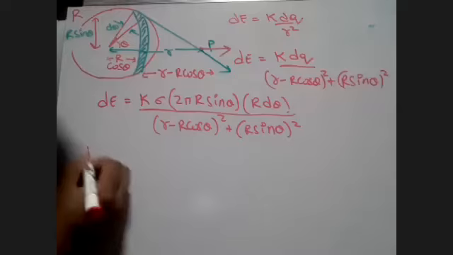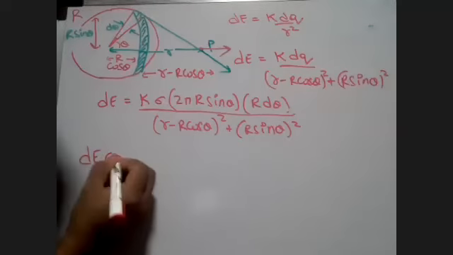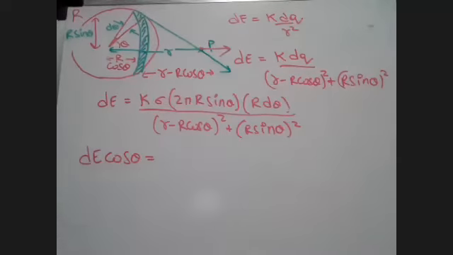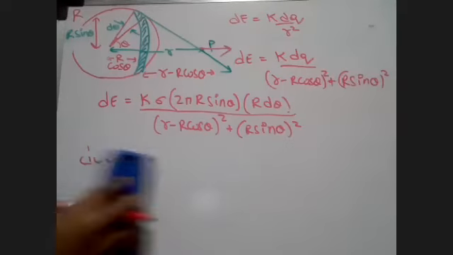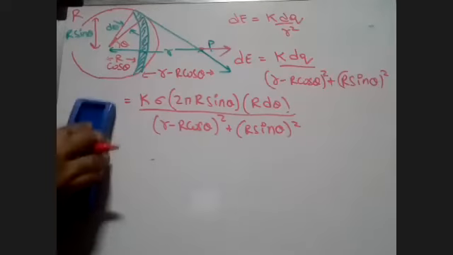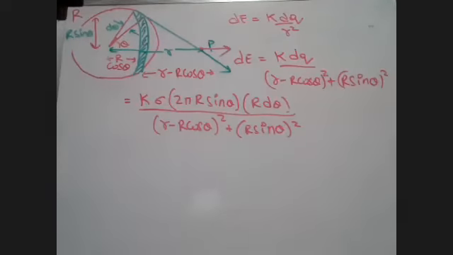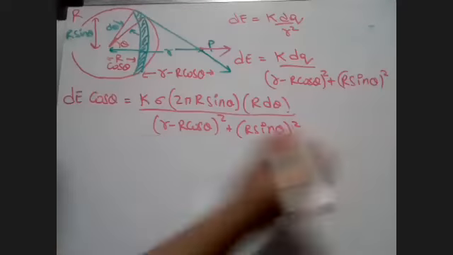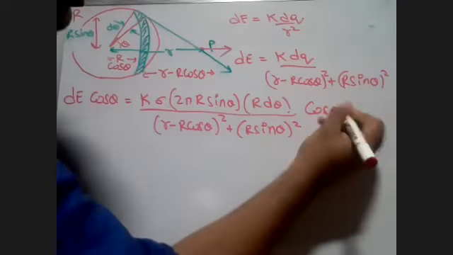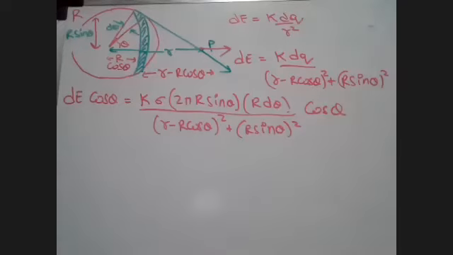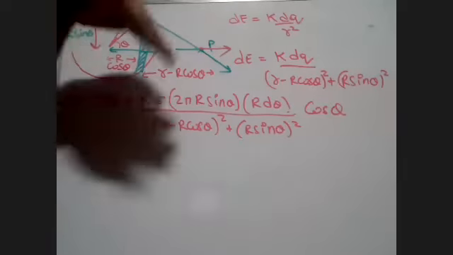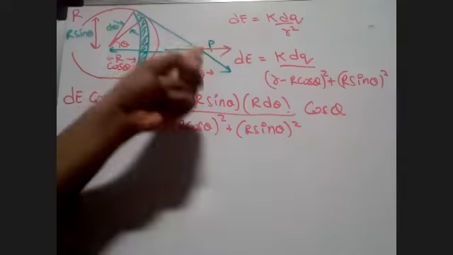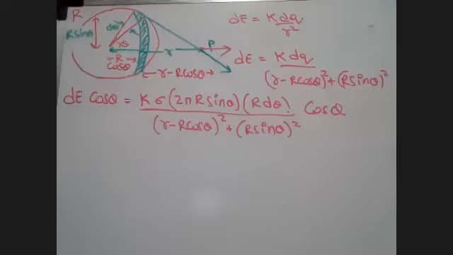So I'll write dE cos theta is equal to the same thing, multiplying cos theta on both sides. So dE cos theta now gives me the component of electric field intensity at this point P in the x-axis direction.